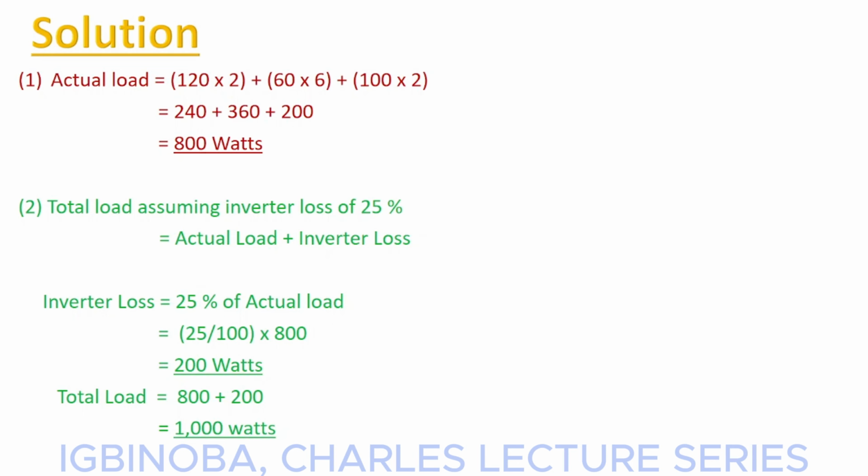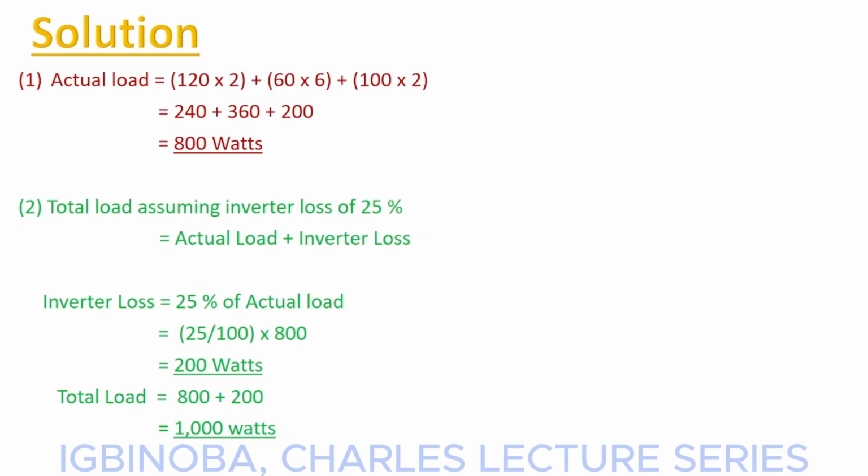Inverter loss as a result of conduction is produced when the switch is in the on state. So when the system is working, those losses produced by the inverter are referred to as conduction loss. While switching loss is produced when the switch is turned on and turned off. So by the time you are turning on your switch, there's a loss that occurs. By the time you are turning off your switch, there's a loss that occurs.